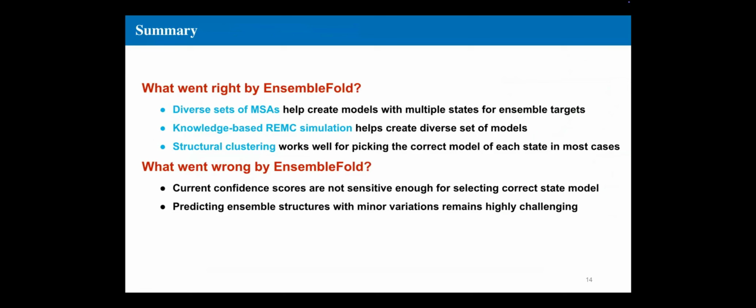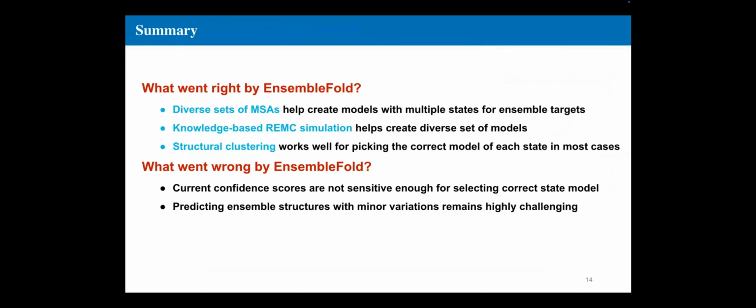Okay, this is a summary. What we think went right in our ensemble fold is, I believe, contributed by three key points. One is the diverse set of MSAs. Another is the knowledge-based potential guided REMC simulation.